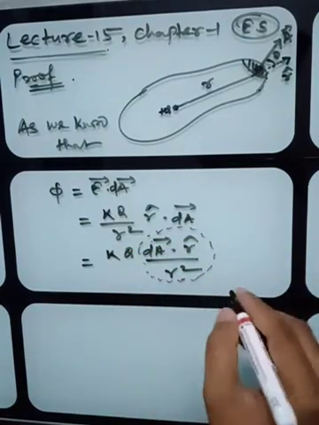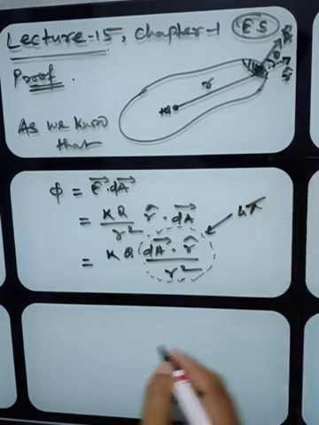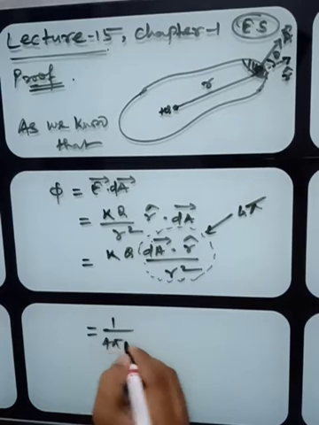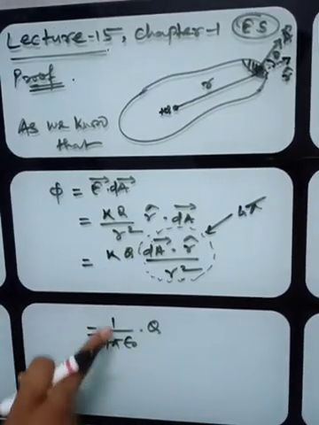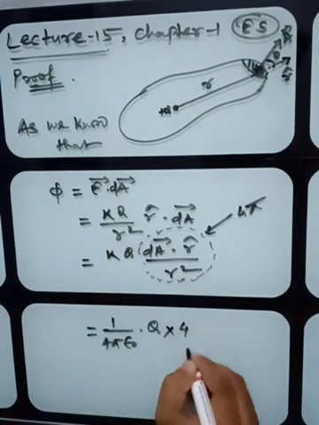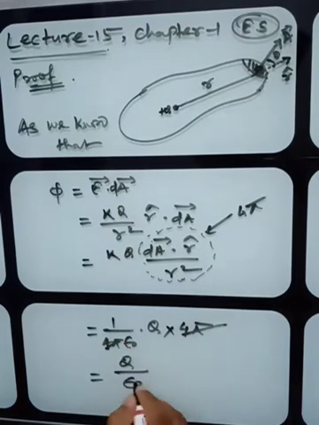It is 4 pi. We have studied. So we can write here k, how much is it? 1 by 4 pi epsilon naught into q. This is k into q into 4 pi. This 4 pi will cancel out, and we'll have q by epsilon naught.